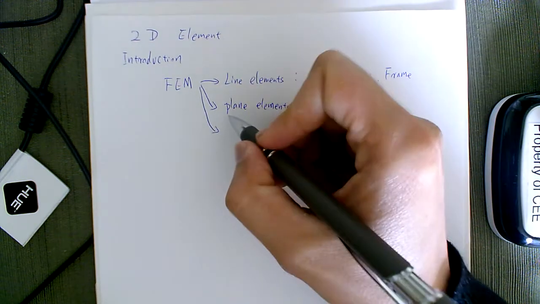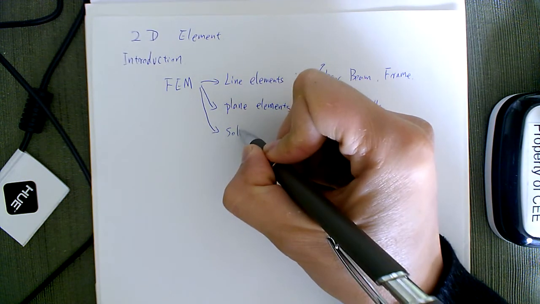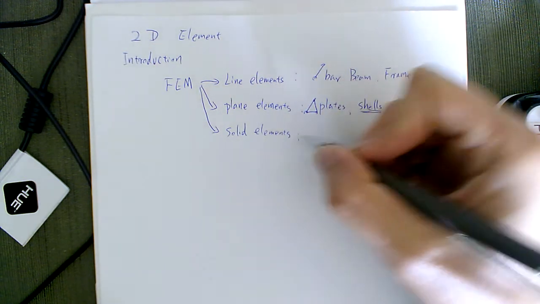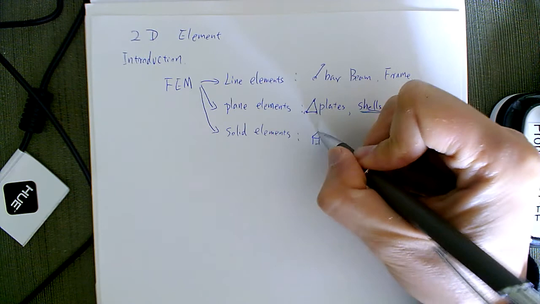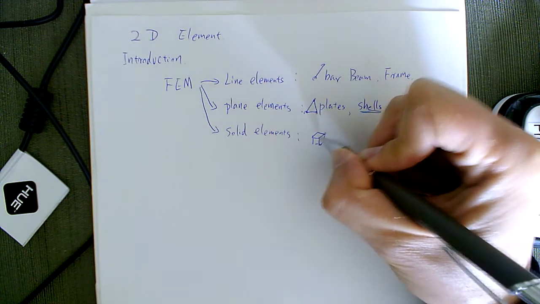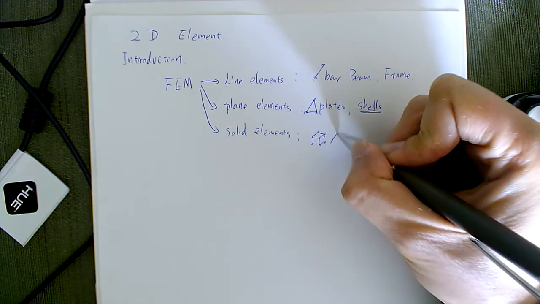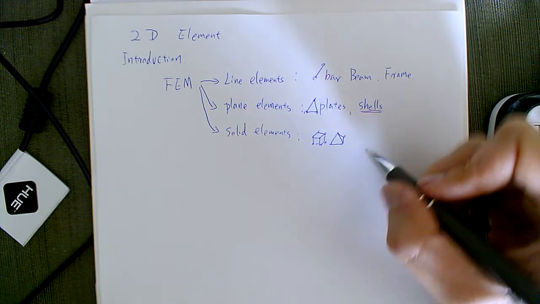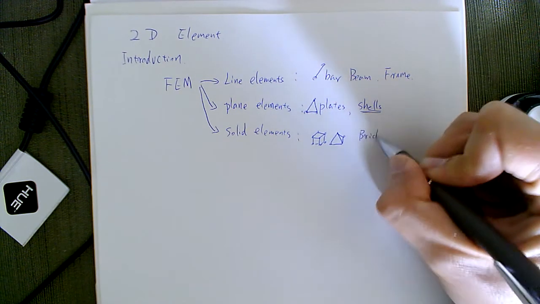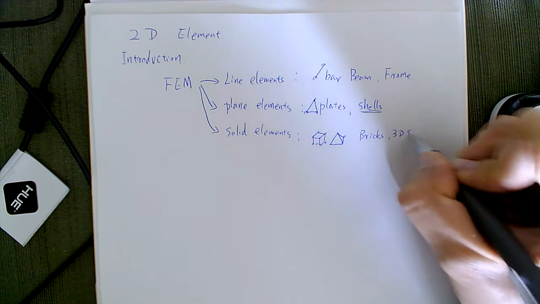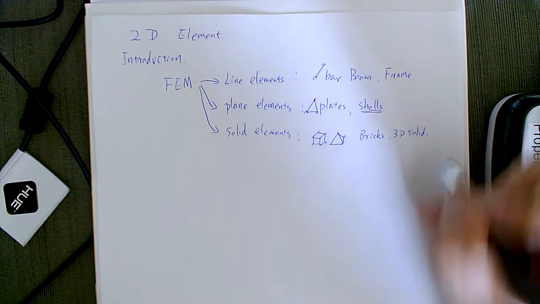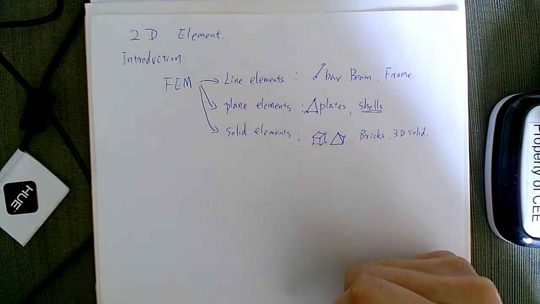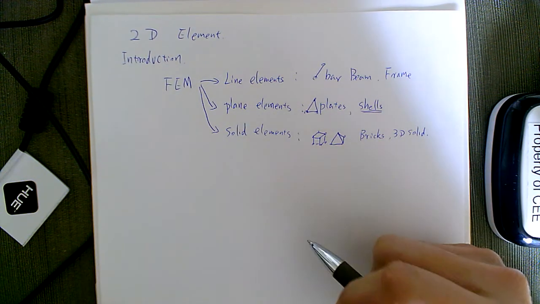Then finally we have the solid elements. People like to think of them as blocks, but the simplest you can get is a pyramid. Then we call them bricks, or 3D solids. This is just element types.